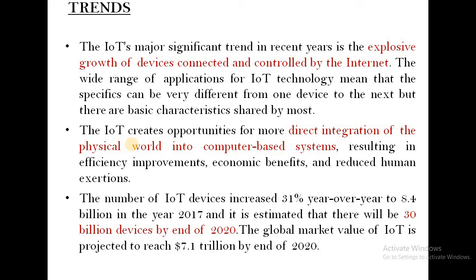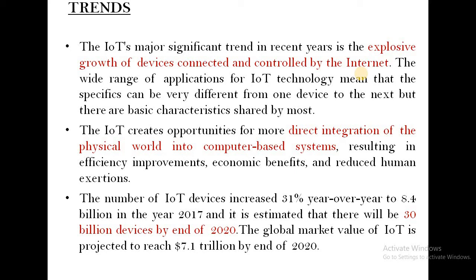Let's talk about the trends in the IoT. The most significant trend in recent years is the explosive growth of devices connected and controlled by the internet. We can have an AC that is connected to the internet and automatically changes its temperature based on the real temperature.